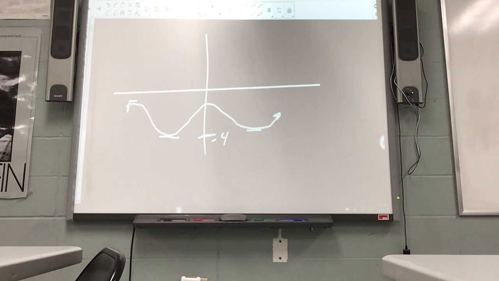And then I would go to the mountains here on my snake graph and see how high it is. And Austin's right, that's at -1. So my range would include all the numbers between -4 and -1. To write that, range is your y, so you're going to say -4 is less than or equal to y is less than or equal to -1.